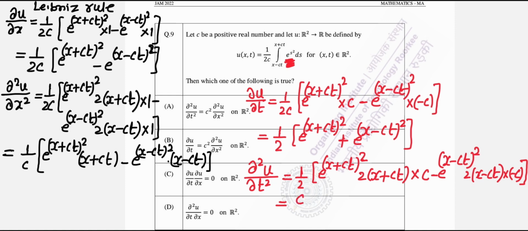And simple calculation will give you c, here will be c, and inside this will be e to the power x plus ct whole square into x plus ct, and thereafter, sorry, you see here is plus sign, so here will be plus.